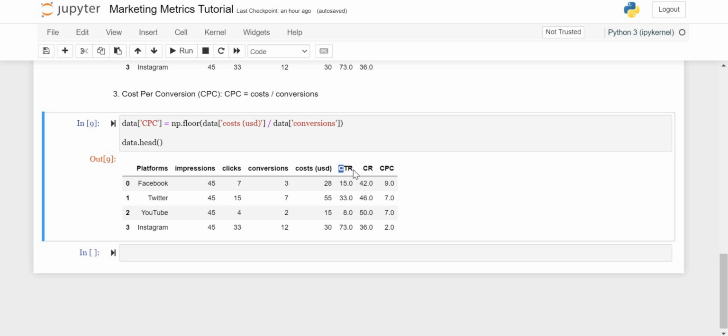Now the CTR actually measures the effectiveness of your advert in terms of getting people to click on it after seeing your advert. Probably it could be on Facebook, in this case Twitter, YouTube, and Instagram. It's expressed as a percentage, and a higher CTR generally indicates that your advert is compelling and relevant to your target audience.